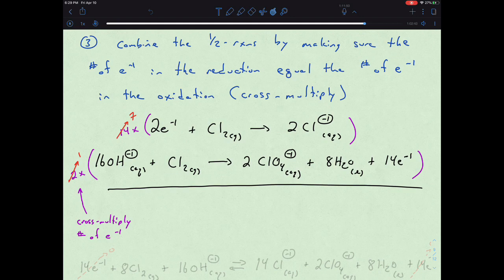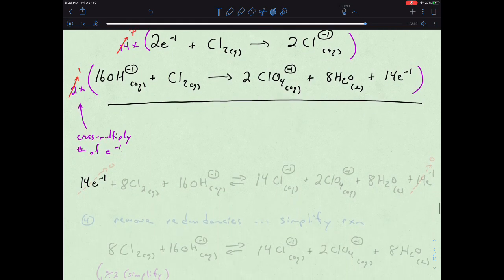Starting from the top, we would have our 14 electrons plus 7 chlorines. Now realize there's also chlorine below, so that's where the 8 chlorines actually comes from. We have 1 chlorine in the oxidation half reaction below. We have 7 chlorines in the reduction half reaction above. So that's where the 8 actually comes from.